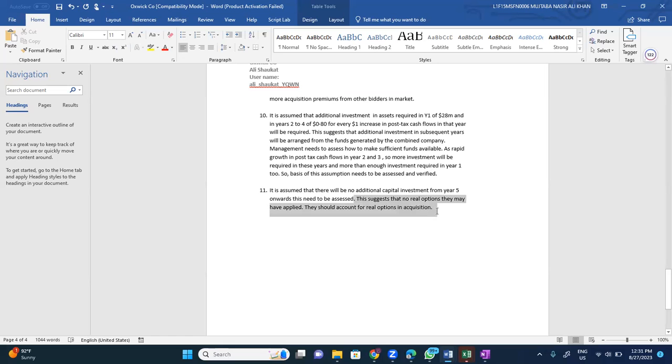There is no need to write off this rail option. You can write that no additional capital investment is required from year 5 onwards, so it is not justifiable to support the growth. But overall, it's a good written answer. You have written 11 paragraphs here. And in an exam, if you are able to write even half of this, you can still get, inshallah, the full marks. Excellent.